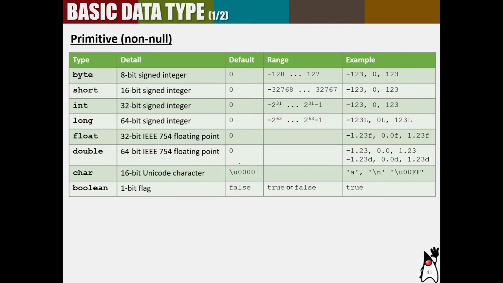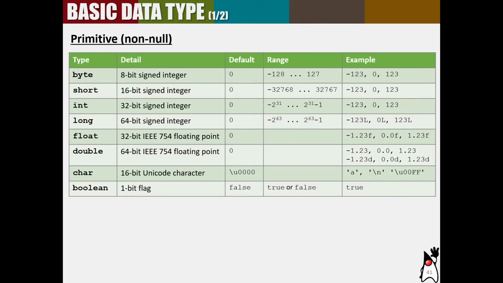That is why it is called primitive, because it can be managed in memory faster. But because it goes directly to the memory, there will be limitations.